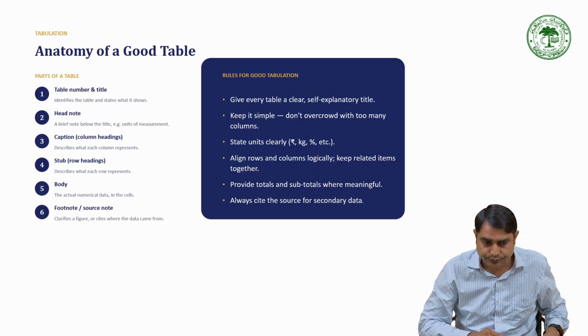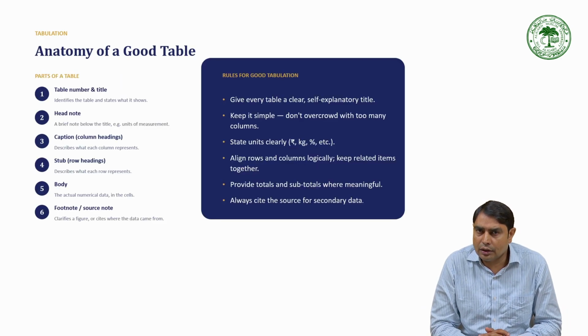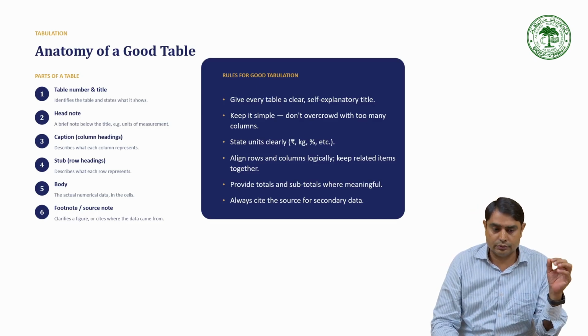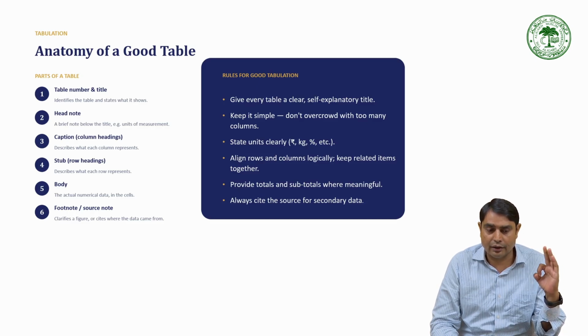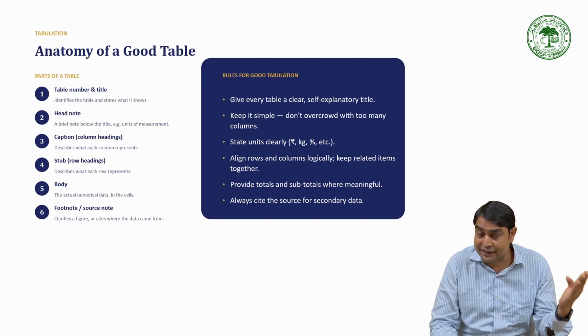So what are the essentials of a good table? A good table should contain a proper title and a proper number for each title. It should have a head note saying what the table is meant for. The captions mean column headings, which describe what each column is describing.